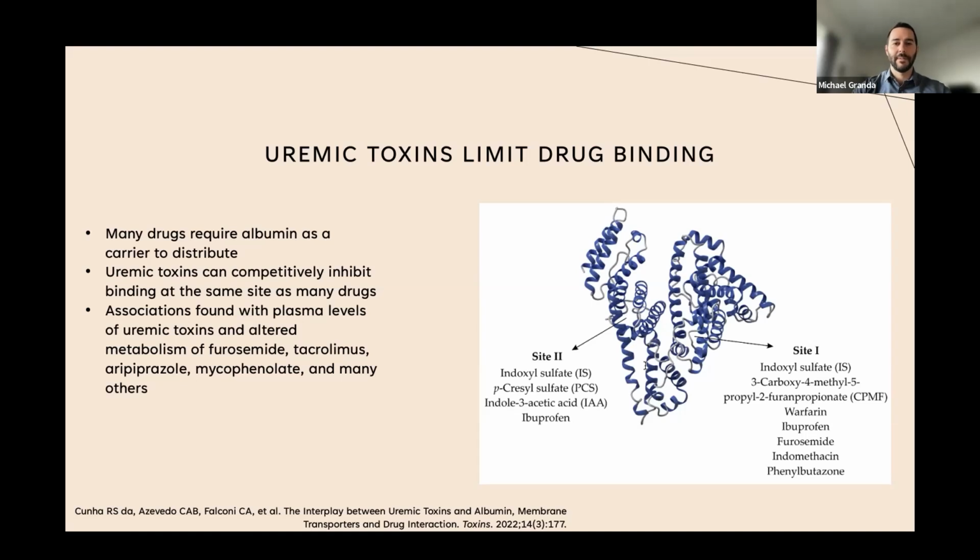I found that among the binding sites, many overlap between uremic toxins and common drugs. In human patients, I won't delve too far into it, but plasma levels of uremic toxins have been shown to alter the metabolism and renal and non-renal clearance of several drugs like furosemide, tacrolimus, aripiprazole, mycophenolates, and several others.